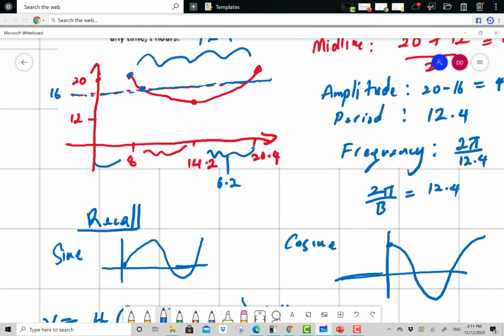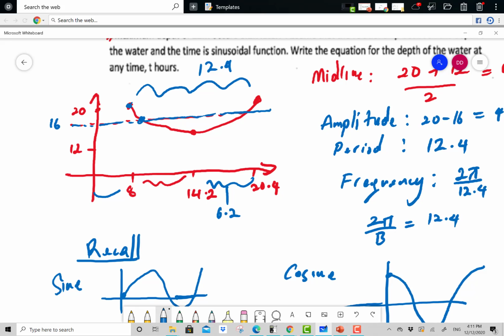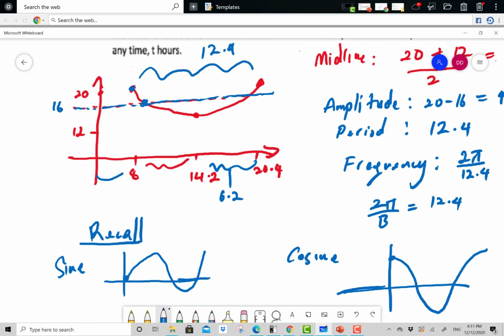Now this is where it gets tricky. Notice for the sine graph, it must be directly on the x-axis. But in this case, it's going down. So directly on the x-axis coincides with my midline. So it's also going to be the midpoint of this right here.